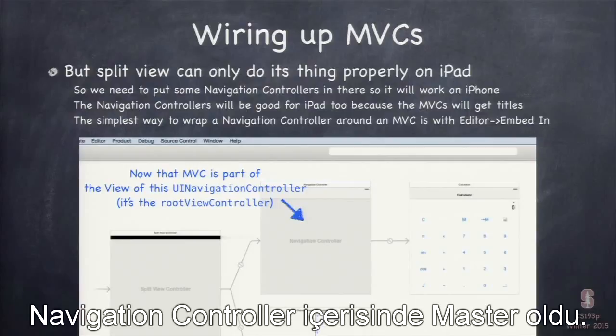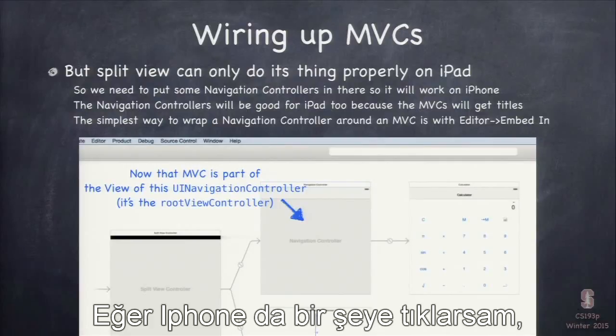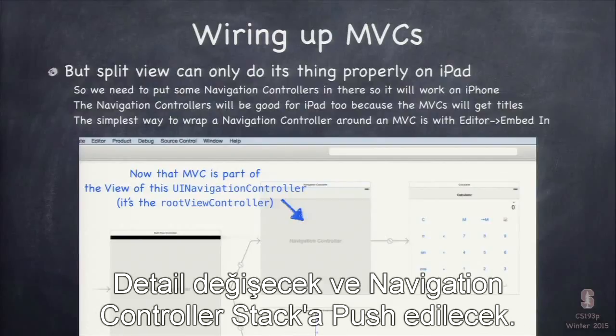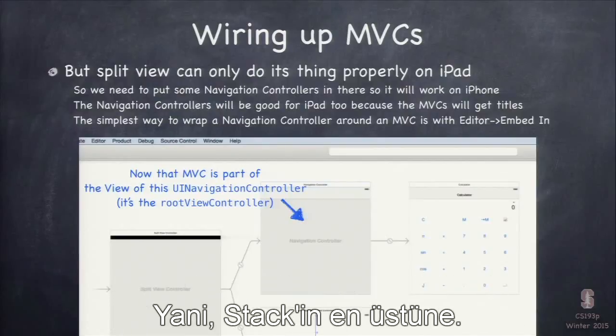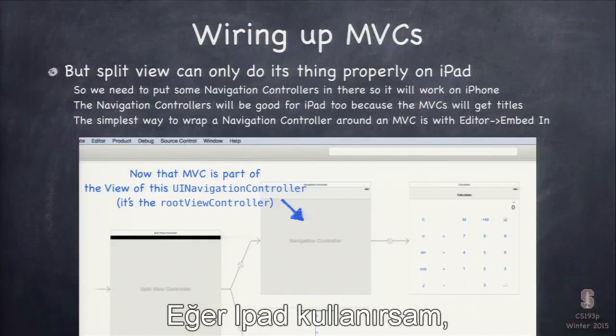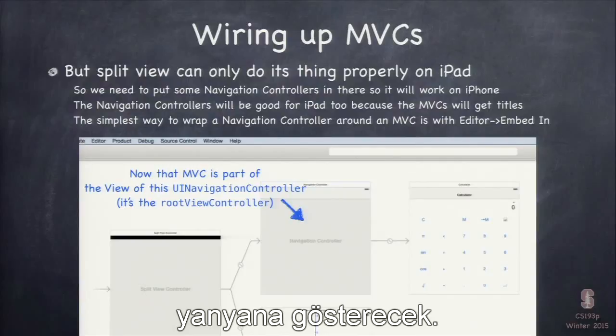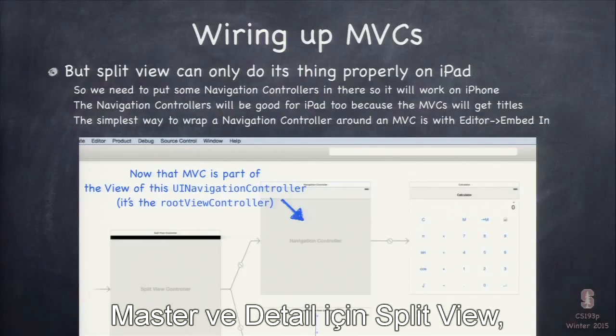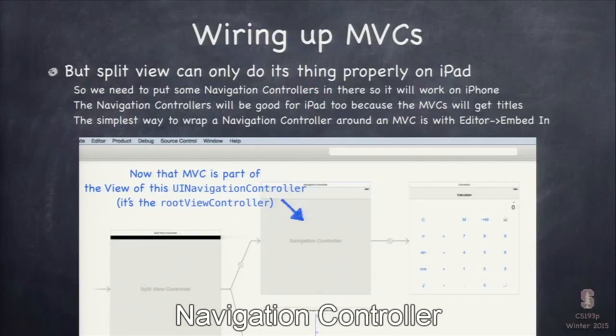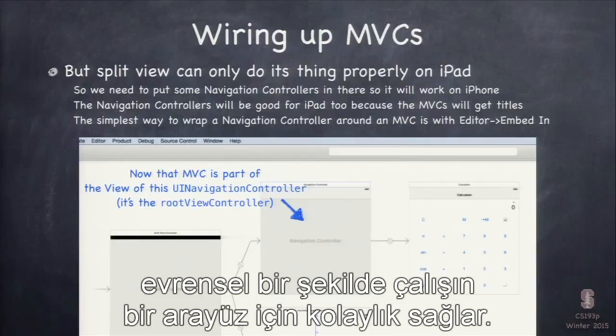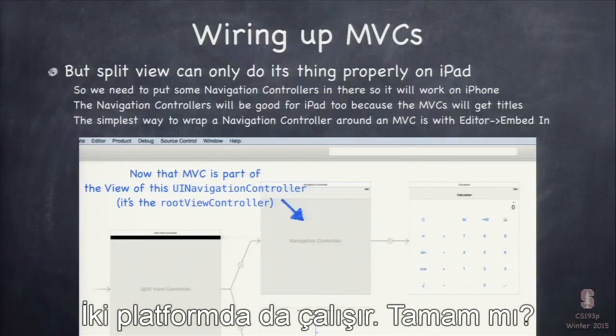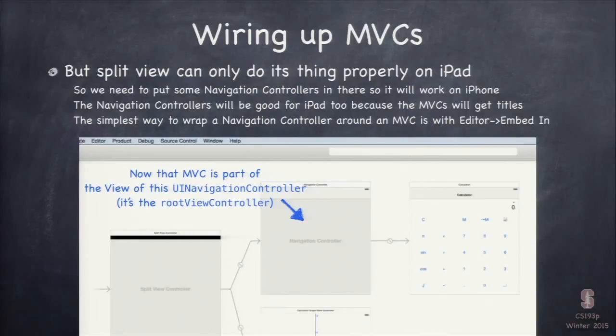So now the master is in a navigation controller. Now, if I'm on an iPhone and I click in something that would change the detail, then it's going to push it on that navigation controller on top of the stack. But if I'm on an iPad, it's going to show them side by side. So this structure that you see right here, split view, navigation controller for the master, and then detail, this is a very common, a universal way of specifying your UI so it works on both. Okay?